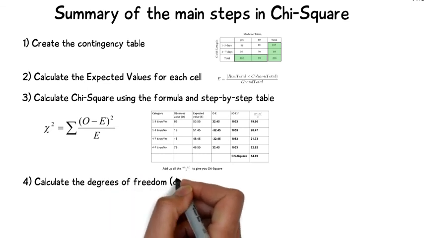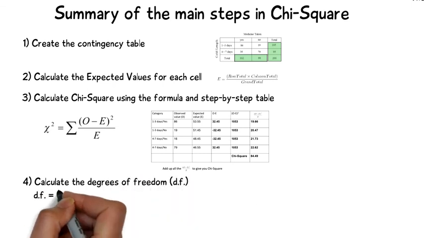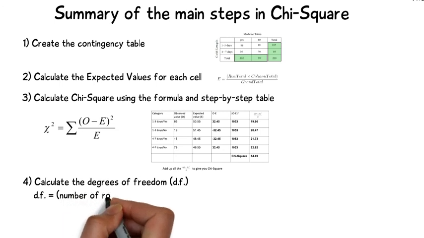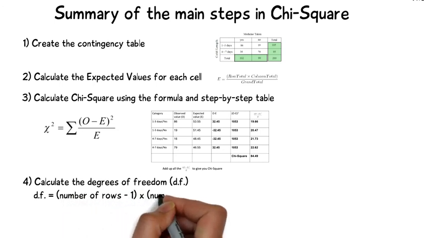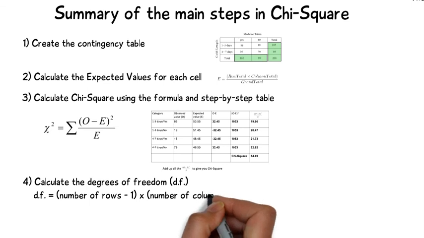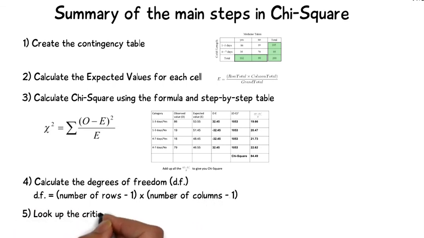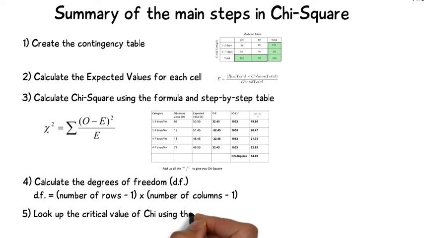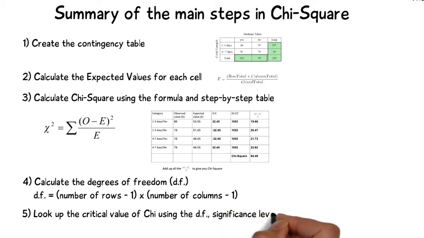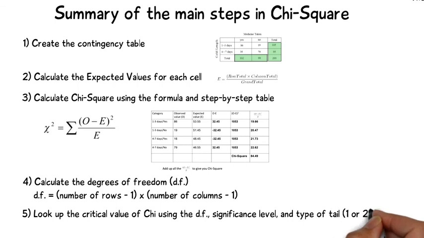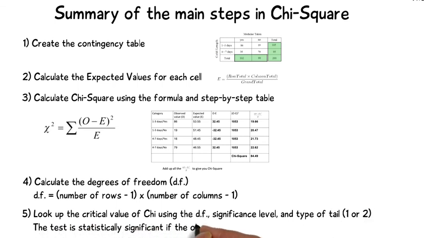Well, in this case, it's a 2x2 table. Number 5, you're going to look up the critical value of chi using the degrees of freedom, the significance level, the type of tail 1 or 2, and the test is statistically significant if the observed value of chi is greater than or equal to the critical value.